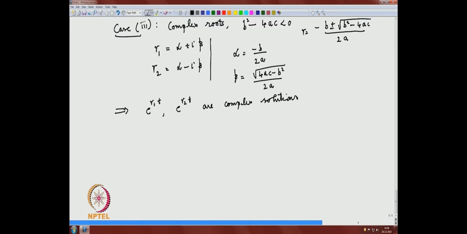But it is an easy fact to see that when you have complex solutions, the real and imaginary parts are real solutions.